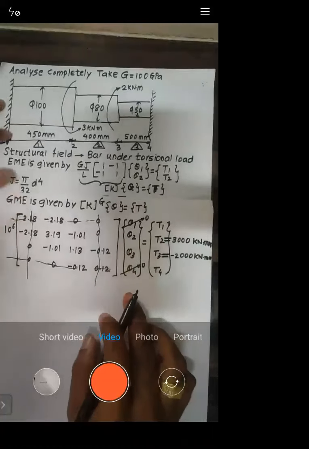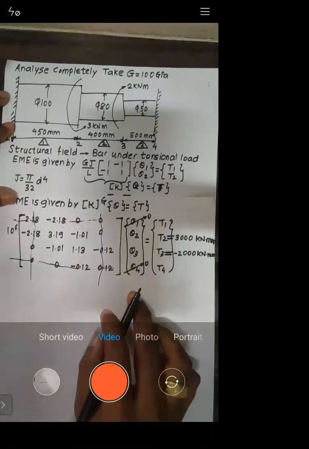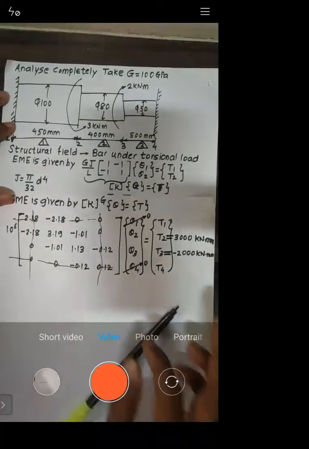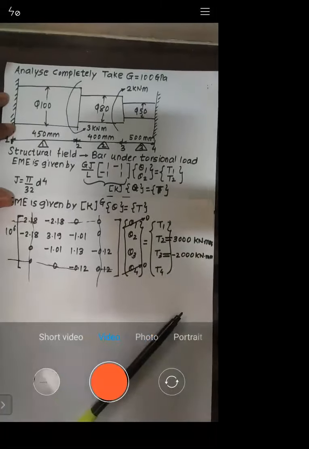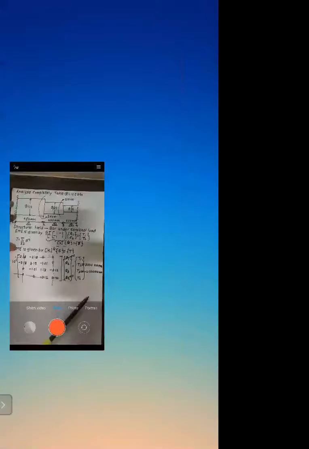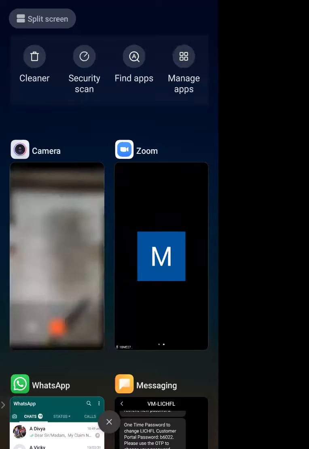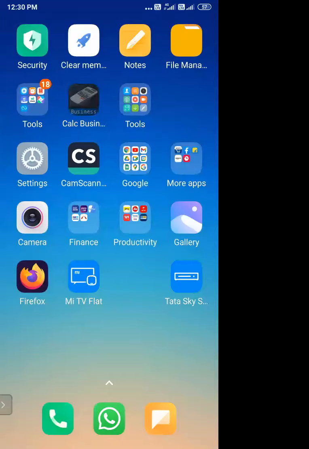With this, can you solve this equation? We need to solve it, but don't forget to multiply by 10 to the power 6. Let's see how to solve it.